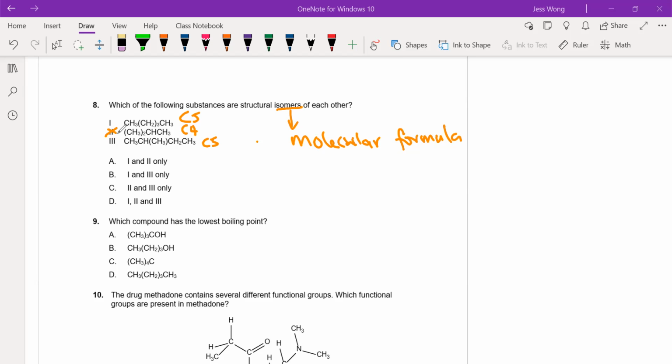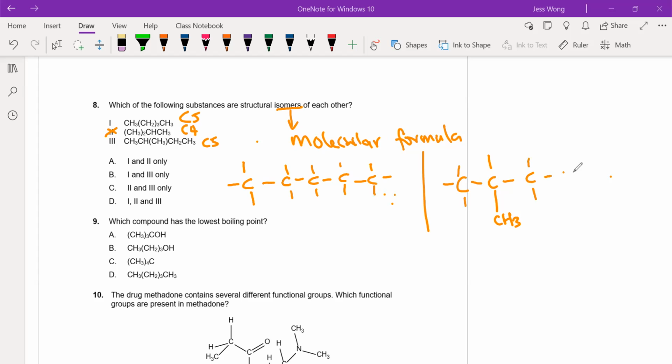Then we look at the rest, we draw out number 1 and number 3, and you'll find that they're structural isomers. Number 1 is a CH3 bonded to a CH2 three times, then another CH3. Number 3 has a CH3 and a CH, and this CH has another CH3 group here, and then we have a CH2 and CH3. So it's a form of branch isomerism, chain isomerism, sorry.